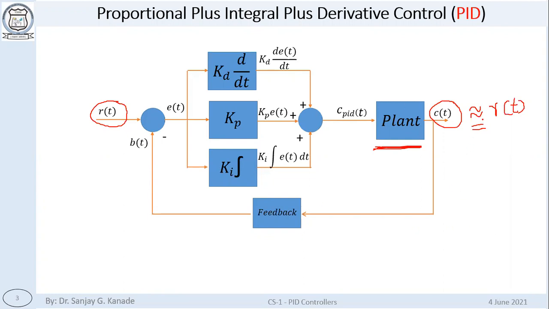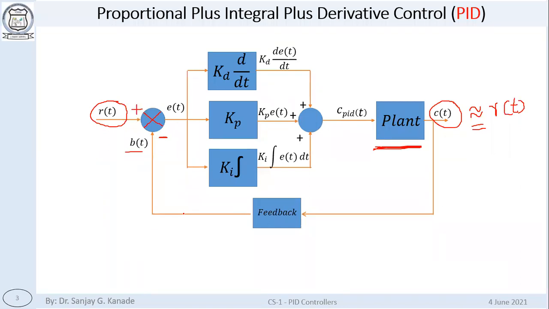So to get the value of output equal to input, what we can do is we take the feedback, means we measure the output, we give it towards the input, and in this summing junction we subtract, or we take the difference between the reference input and the feedback output obtained from the feedback.